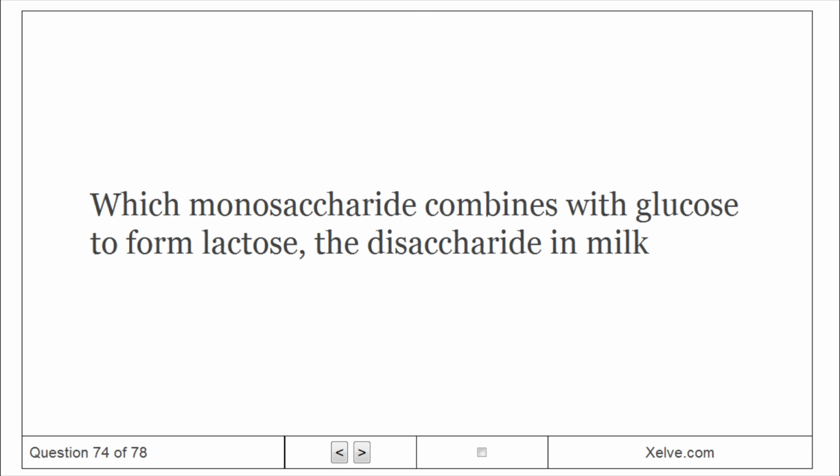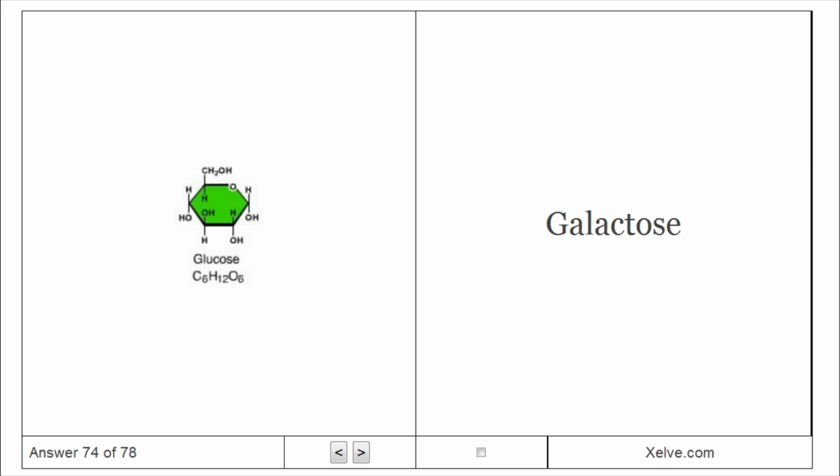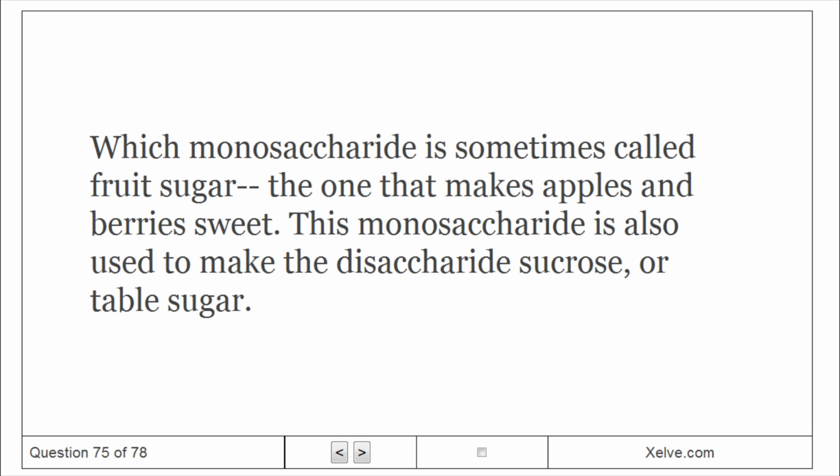Which monosaccharide combines with glucose to form lactose, the disaccharide in milk? Galactose. Which monosaccharide is sometimes called fruit sugar, the one that makes apples and berries sweet? This monosaccharide is also used to make the disaccharide sucrose, our table sugar.